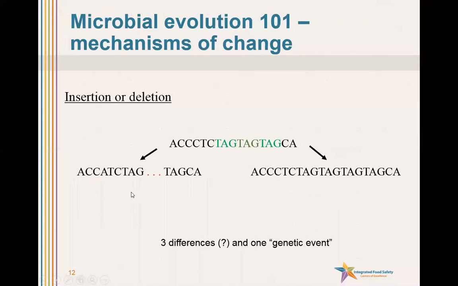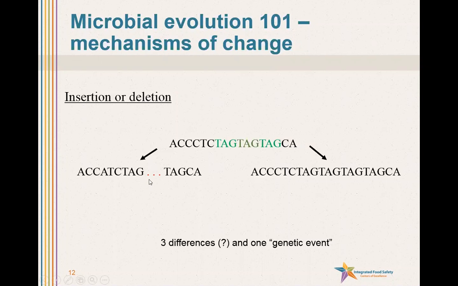Now, what we can also see is insertions and deletions, as shown before. These insertions and deletions typically occur when we have stretches of nucleotides that are similar to each other. So here the parent sequence shown on top has a repeat of TAG, TAG, TAG. So it's fairly easy for an organism to not replicate this sequence accurately, so that rather than 3 TAGs, we have 2 TAGs as shown on the bottom left.